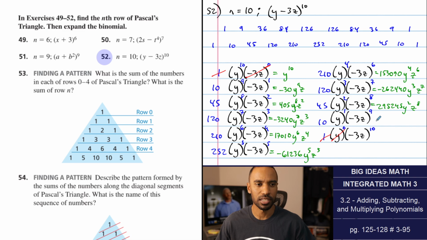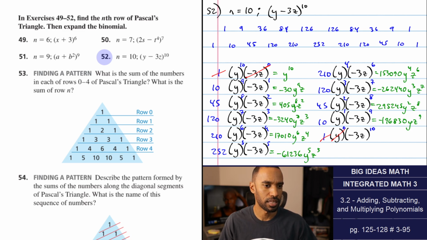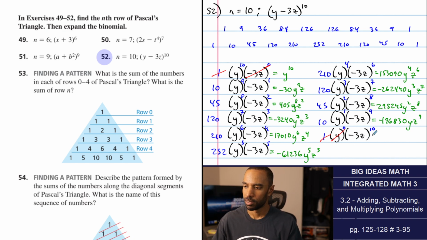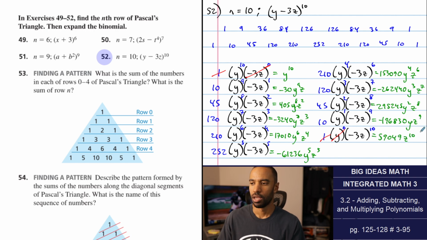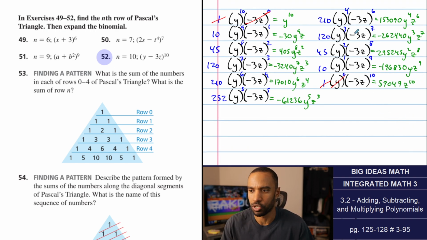So 196830. Y z to the 9th. And then 3 to the 10th. 3 to the 10th is 59049. Z to the 10th. Okay, all those added together is your final result.